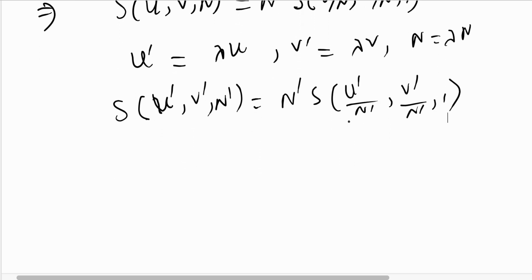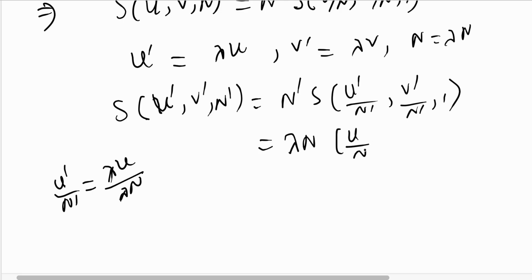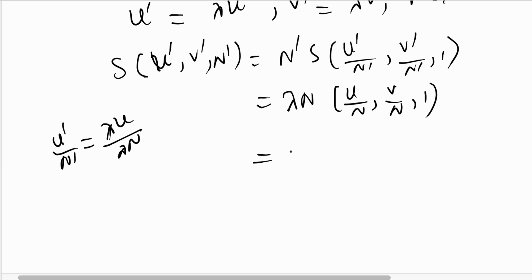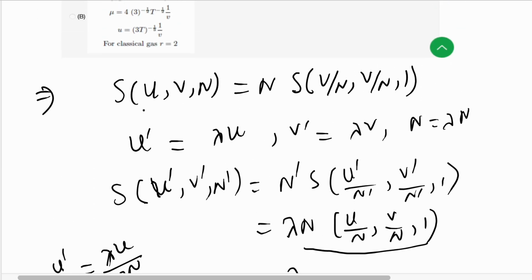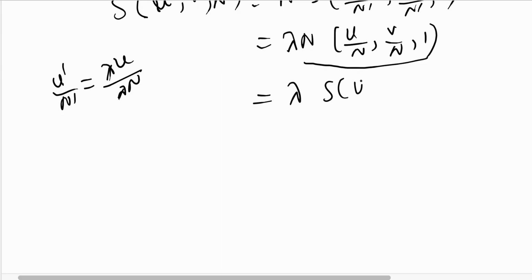If I put in the values, it will be lambda N, and since U prime by N prime is nothing but lambda U by lambda N, it is actually U by N. Similarly V prime by N prime is V by N, comma 1. Now you can see that lambda times N times s(U by N, V by N, 1) is lambda times S(U, V, N).